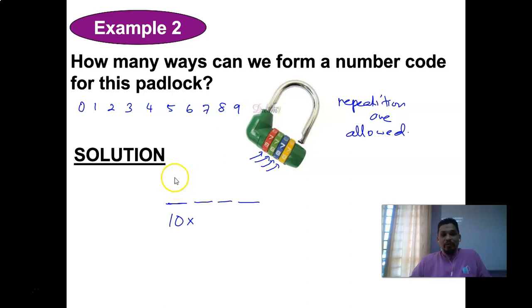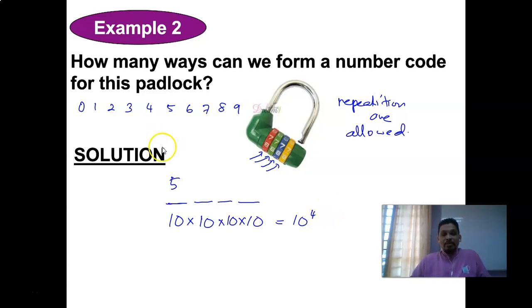So if I choose the first number here as 5, may I choose 5 again in the second selection? Yes. So repetition is allowed. So 5 is also a choice that we have. So then there are still 10 selections and another 10 and finally another 10. It is 10 to the power of 4.